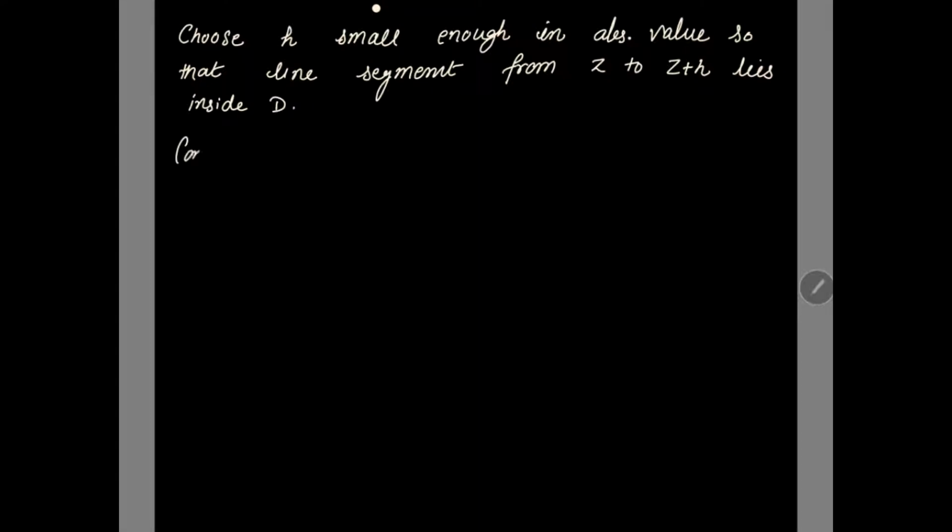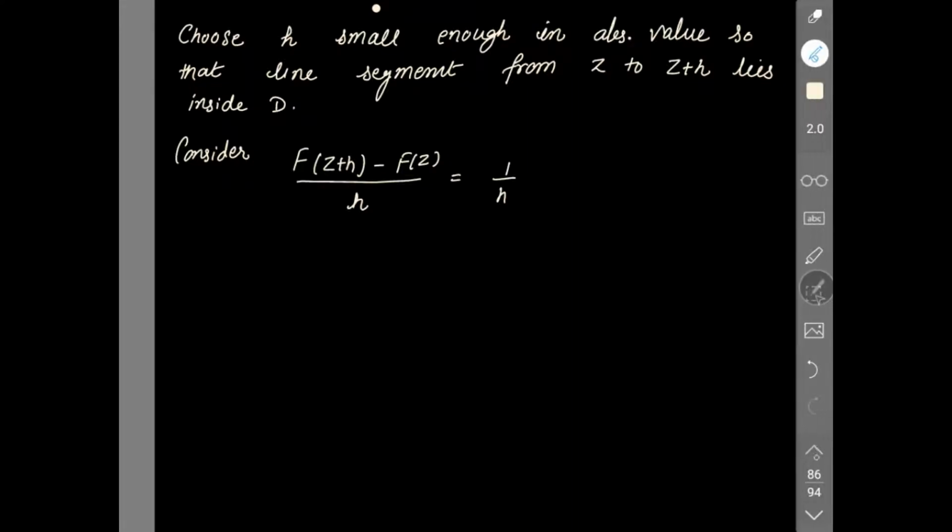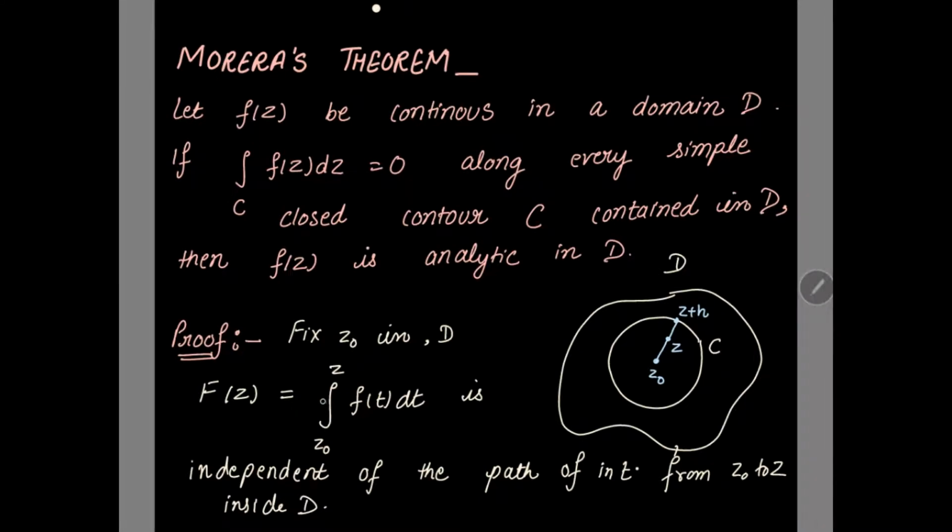Now consider (f(z plus h) minus f(z)) over h. This thing is equal to, now see, 1 over h. What is f(z plus h)? We have taken f(z) to be equal to the integration from z0 to z of f(t) dt.